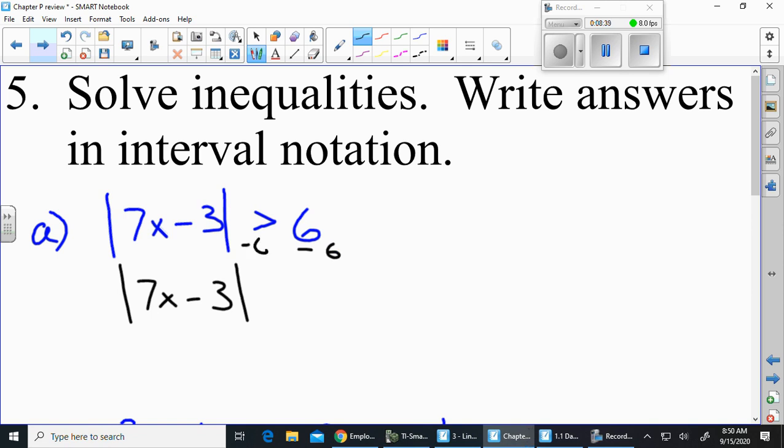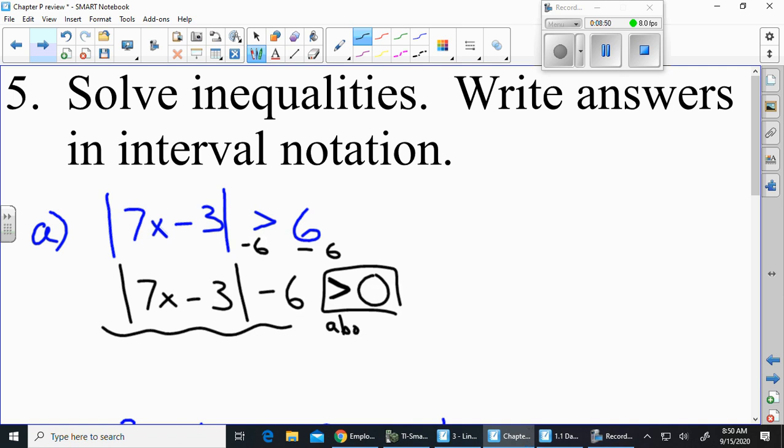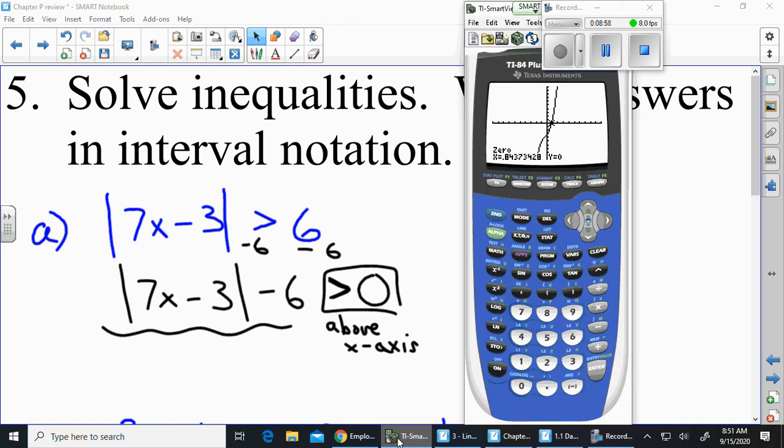So if I subtracted 6 and I want to think, where is this greater than means above 0, the x-axis. So if I put that in my calculator, the way I usually do it is I draw a little sketch.